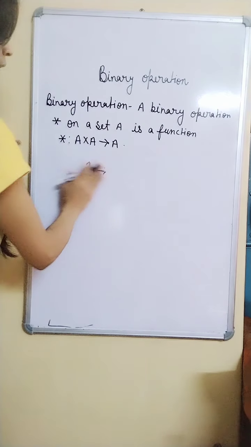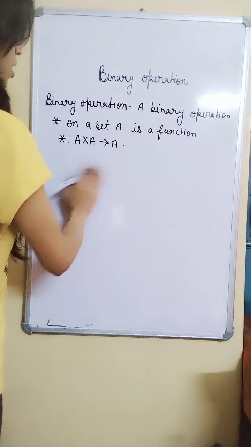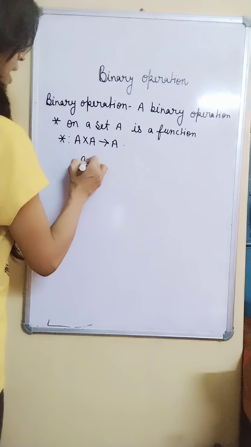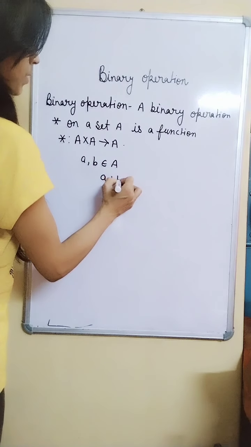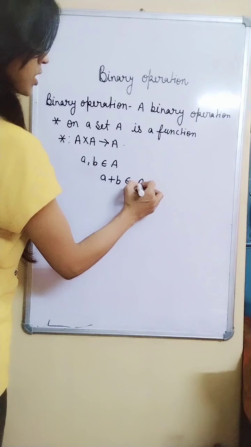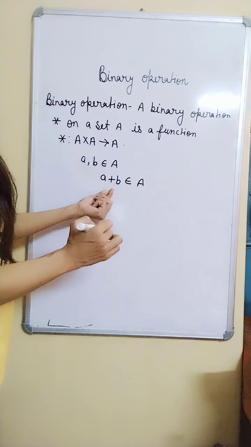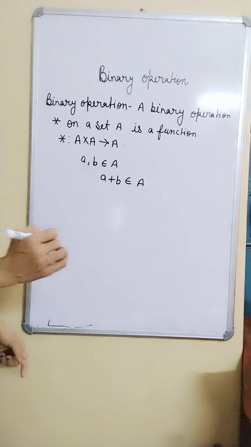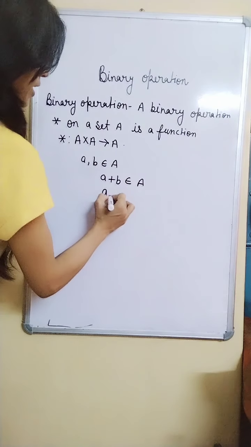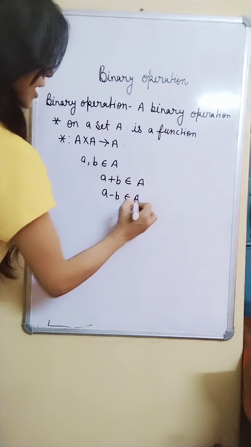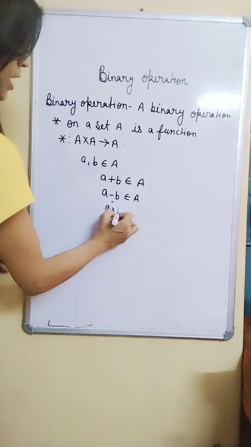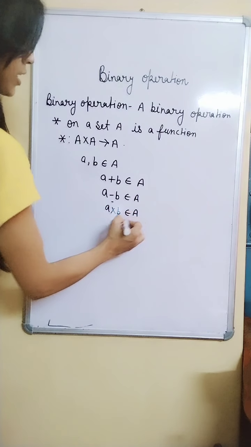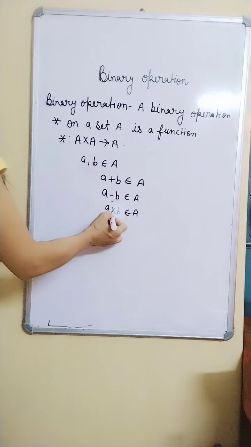Suppose we are taking two elements A and B belonging to set A, then A plus B also belongs to set A. It means this plus operation is a binary operation. If A minus B belongs to set A, it means this operation is a binary operation. If A multiply B belongs to A, it means this multiplication is a binary operation, right?